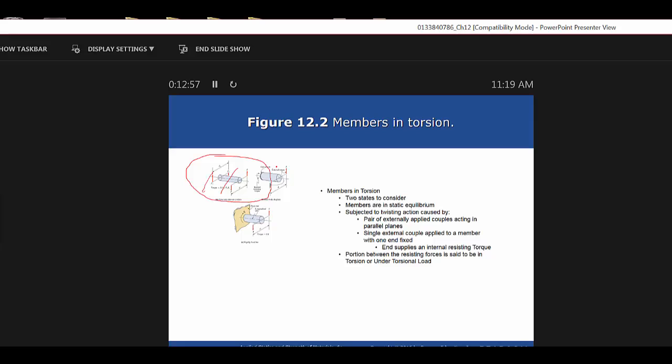Okay, and what you can say about that, the magnitude of the torque in that bar is equal to one of the two couples, and that is denoted as the force D. Okay, and did they show that there? Yeah. Over here they say the torque is equal to FB, and it's just the force times the distance of one of those couples. Okay? So the force times the distance of just one of the two couples. So when you cut it in half, you're taking care of that, aren't you?